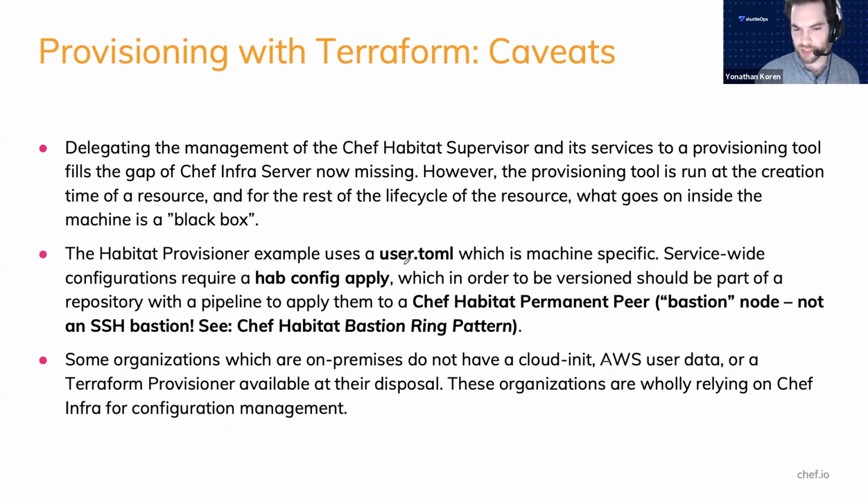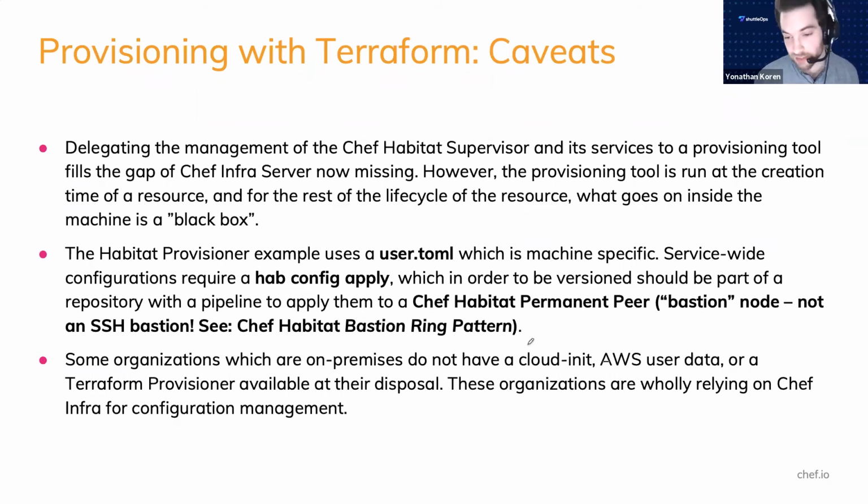And I'm not sure if I mentioned it before, but you can create a pipeline that versions the particular configuration that is going to be hab config applied, and then apply it to the bastion ring. If you're not familiar with that term, you can look up the Chef Habitat bastion ring pattern. Those are the permanent peers that the other supervisors are talking to, and that's how you'd be versioning and applying your hab config apply. But all of that is custom.